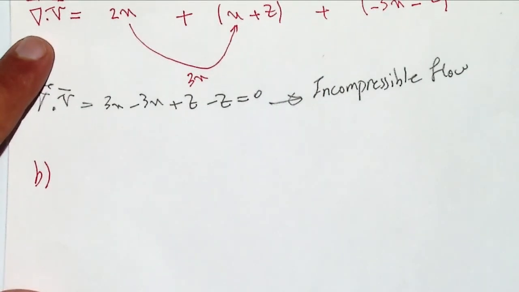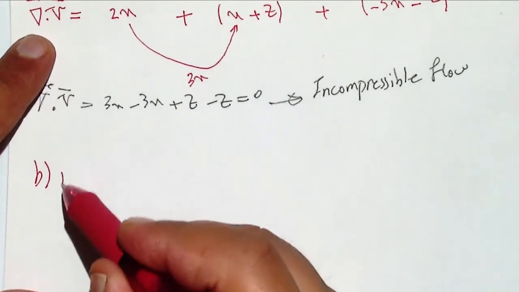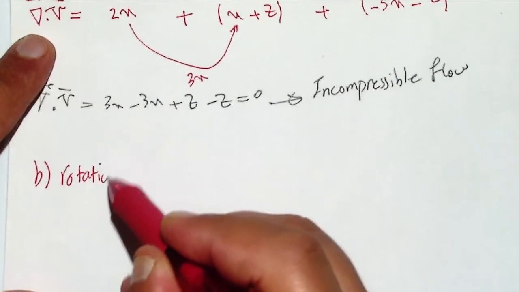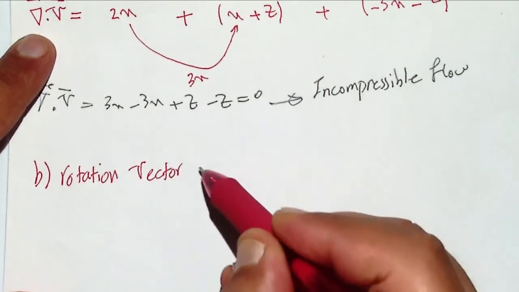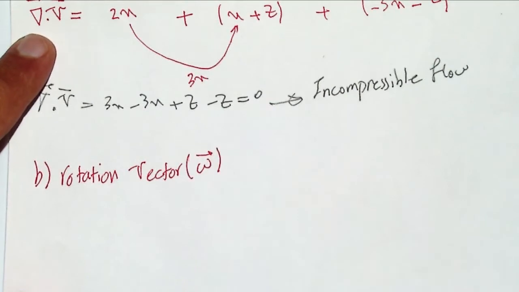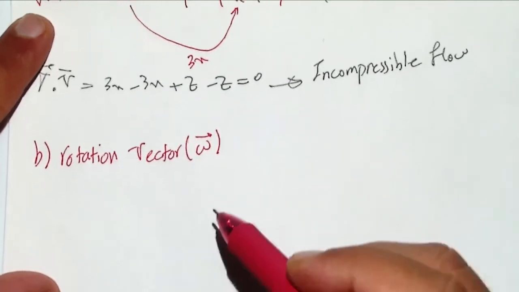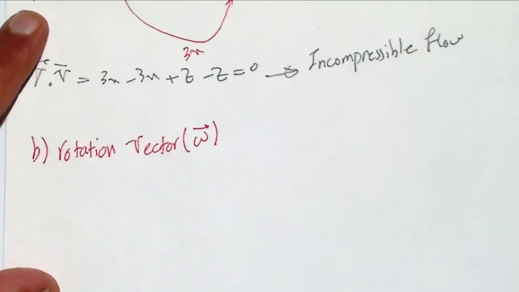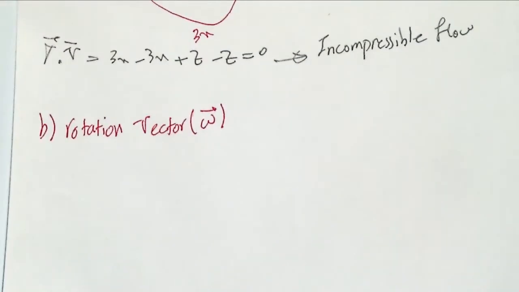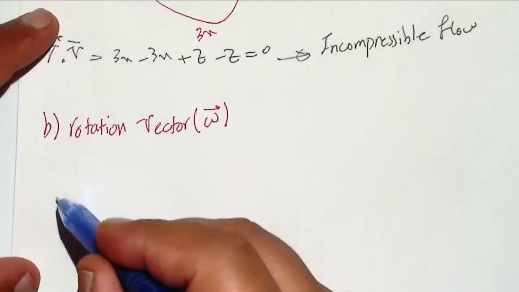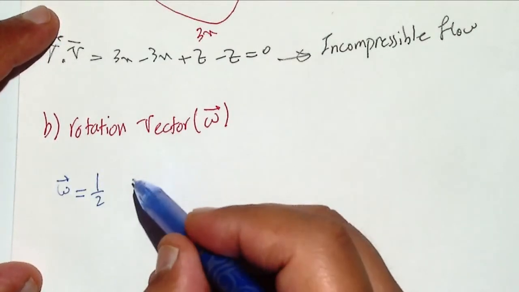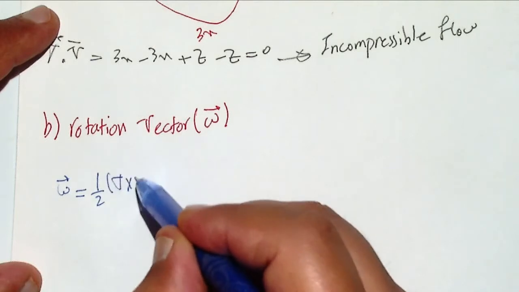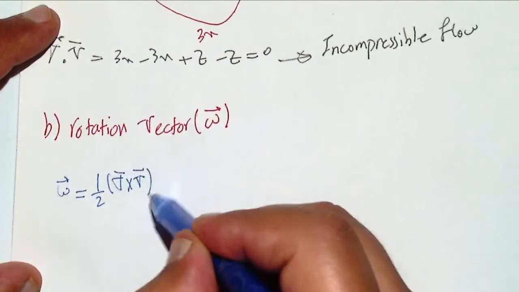Now in part B we find the rotation vector. The rotation vector is omega, and the equation for that is one over 2 times the curl of velocity.